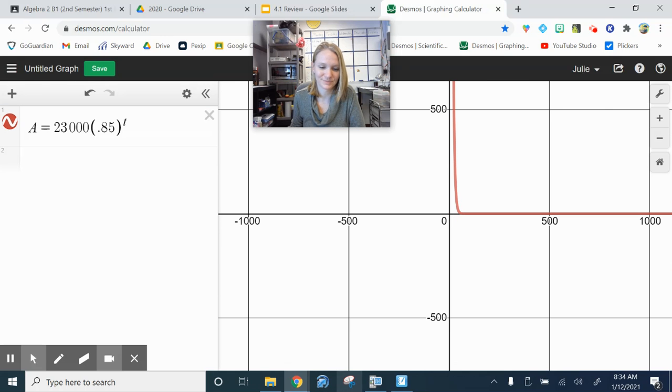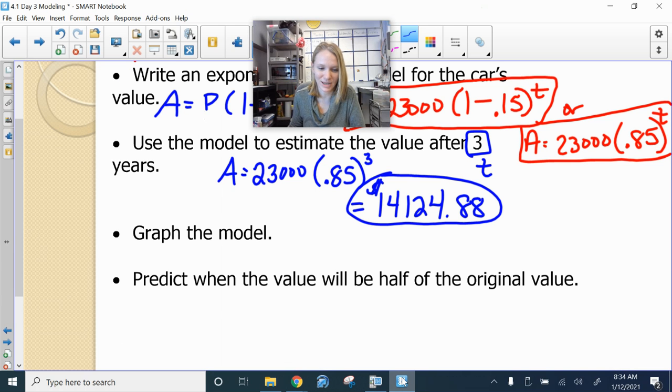So it says, right, so we get this kind of model that looks something like this. Actually, it looks kind of suspiciously like that. And it says predict when the value will be half of the original value. So half of the original.